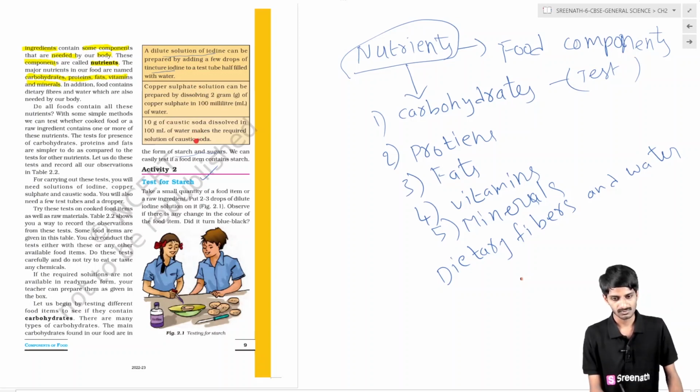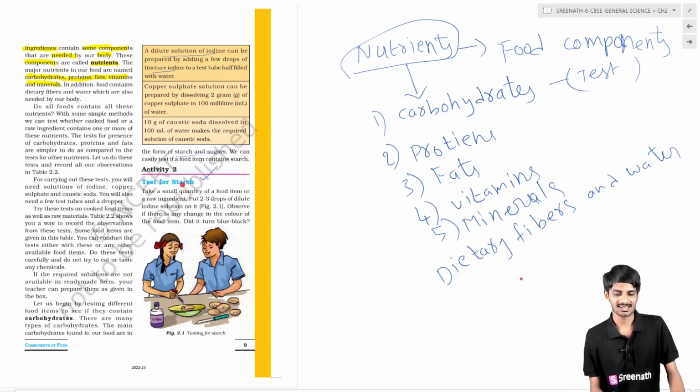Now, 10 grams of caustic soda dissolved in 100 ml of water makes the required caustic soda solution. It is very easy. So before starting the test, don't forget to prepare all these solutions.